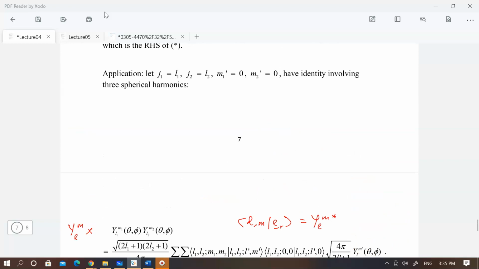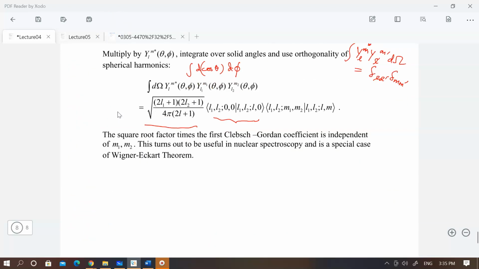I think above I mentioned that. And then that is a Clebsch-Gordan coefficient that is independent of M1 and M2, and then you have another Clebsch-Gordan coefficient over here. This will be an identity that is being used in problems of spectroscopy, for example.